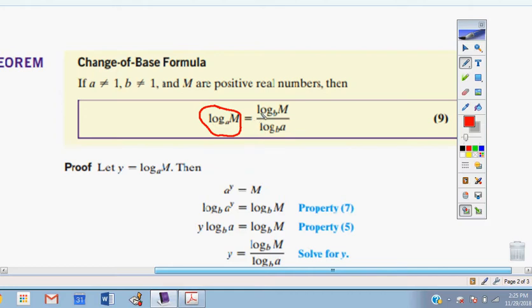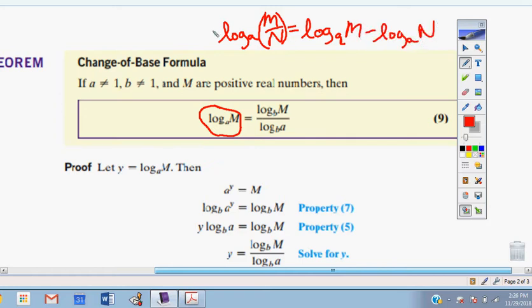Now be very careful. That is not the same as the properties we've been talking about, where if you have log base a of m over n, it turns into log base a of m minus log base a of n. That is a true property.